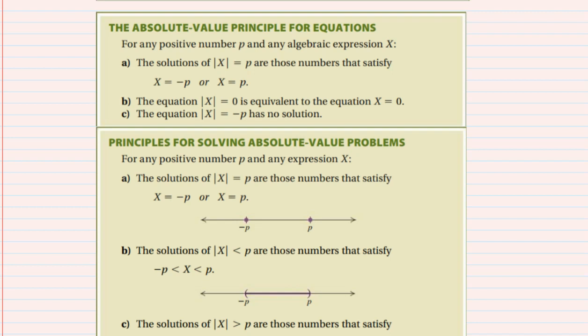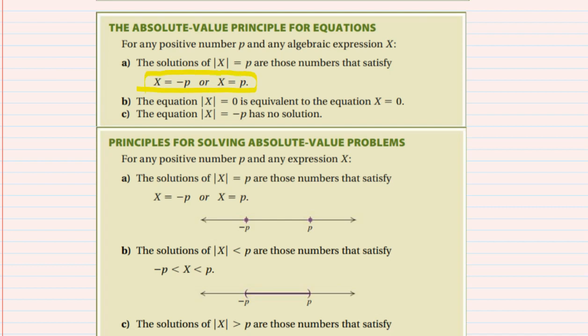Okay, so let's begin with this one. In part A here, we have the absolute value of x equal to p. Here we're told that p is a positive number, any positive number p. So if the absolute value of x equals p, then we are allowed to rewrite the statement in this form.